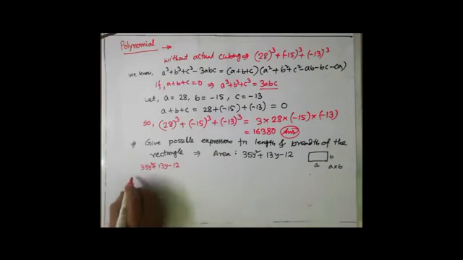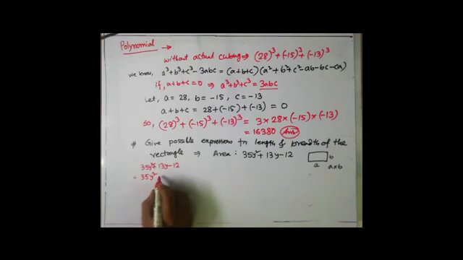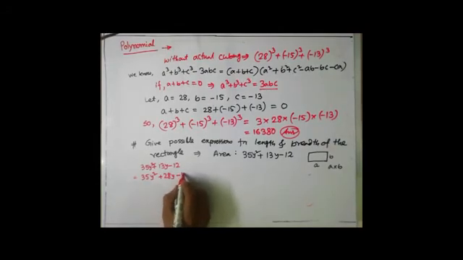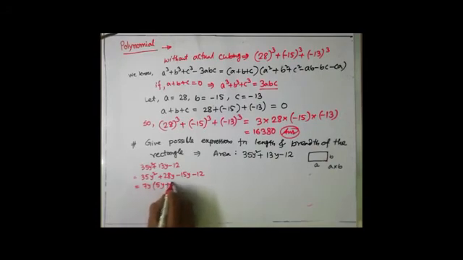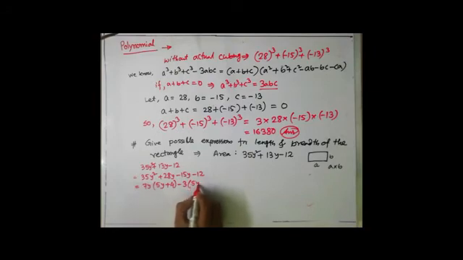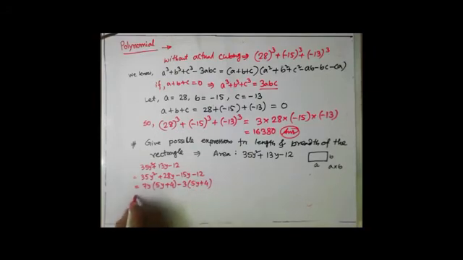So it can be done like this way, middle term factorization: 35y square plus 28y minus 15y minus 12. So that will give you 7y into 5y plus 4, minus 3 taking common, 5y plus 4.